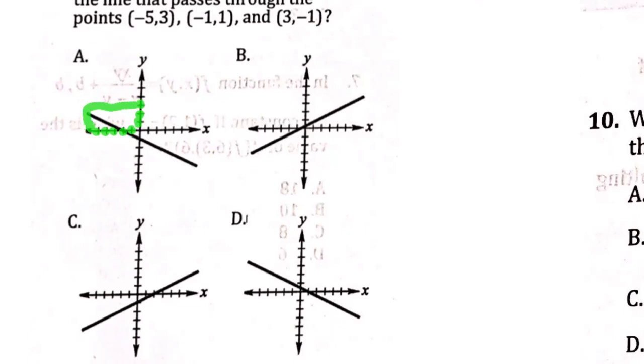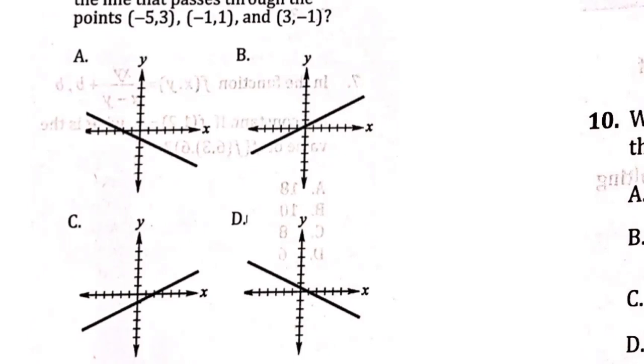So it should be here. My next one is -1, 1. So it's here. Then 3, -1. Does that look like it's going to pass through it? It's really close. So you just have to keep going.